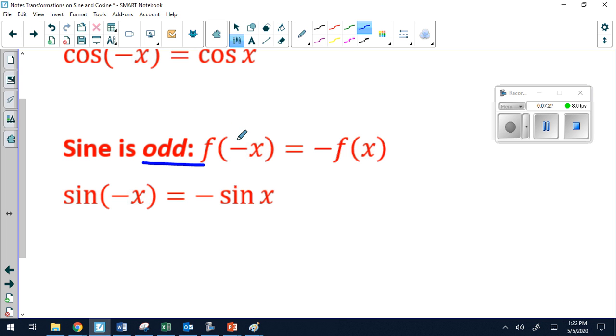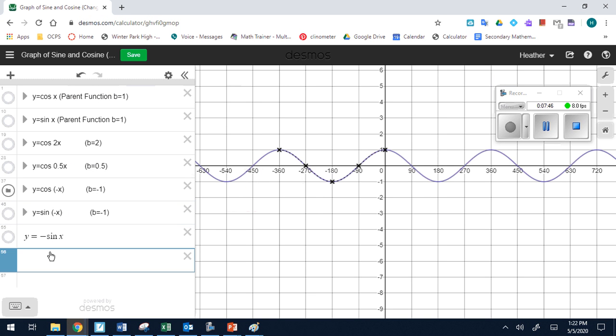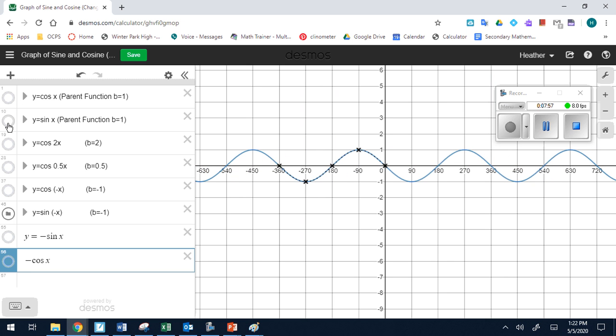With our odd functions, f of negative x is negative f of x, which is to say sine of negative x is equal to negative sine of x. Those graphs are the same. That part's not true for cosine. If I do cosine of negative x and negative cosine of x, those give me two different graphs. Cosine of negative x is equal to cosine of x. Sine of negative x is equal to negative sine of x.